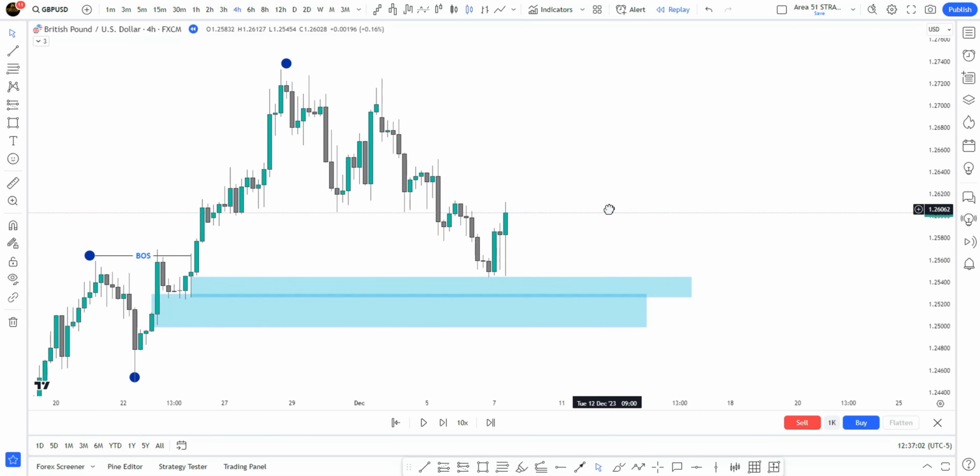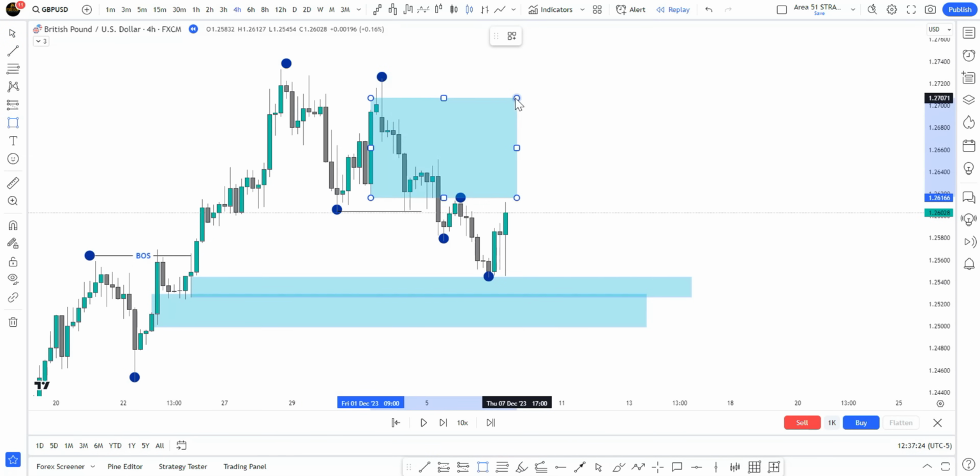But now our job is to identify the market structure on the right, which is this here. All right. On the right, we can see that we have a high, we have a low, we have lower highs, we have lower lows, we have lower highs, and then we have lower lows. We can see price breaking structures and then mitigating these order flows.